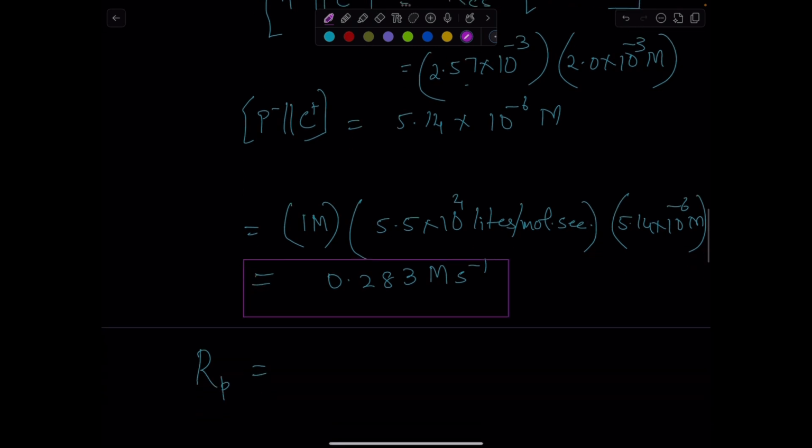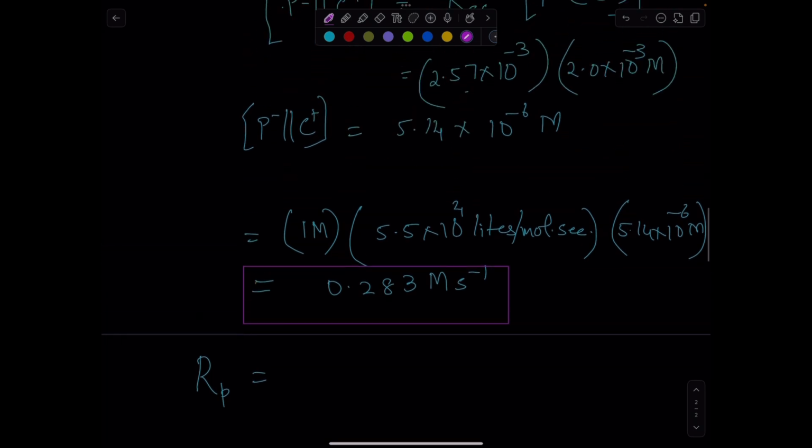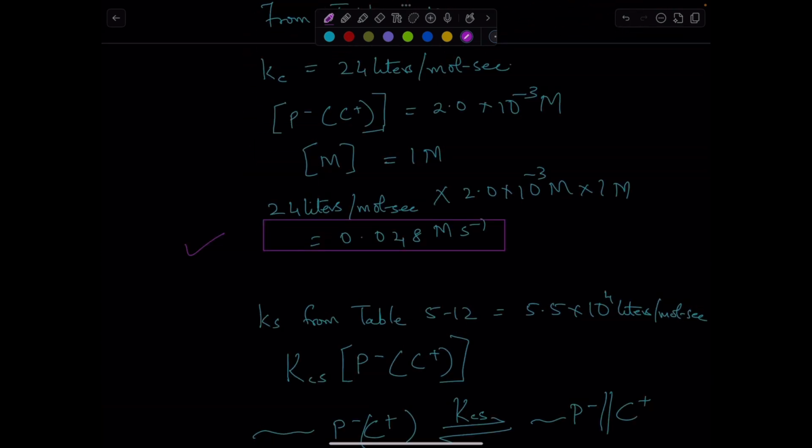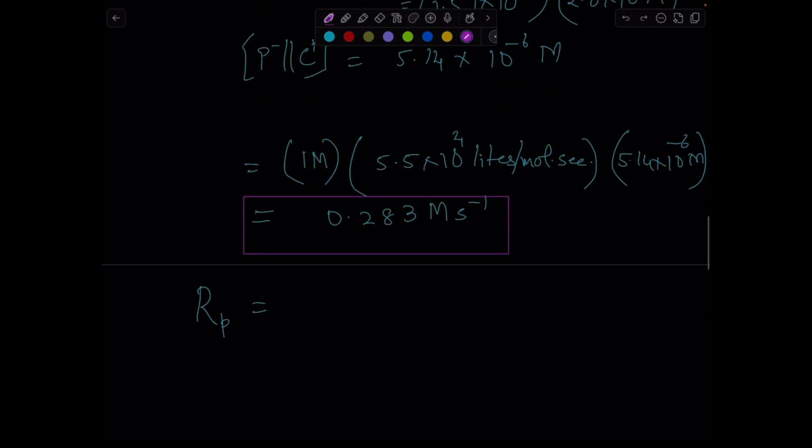So the total rate of propagation is the contribution from the contact ion pair and the solvent separated ion pair, which is 0.048 plus 0.283, 0.331 capital M per second.